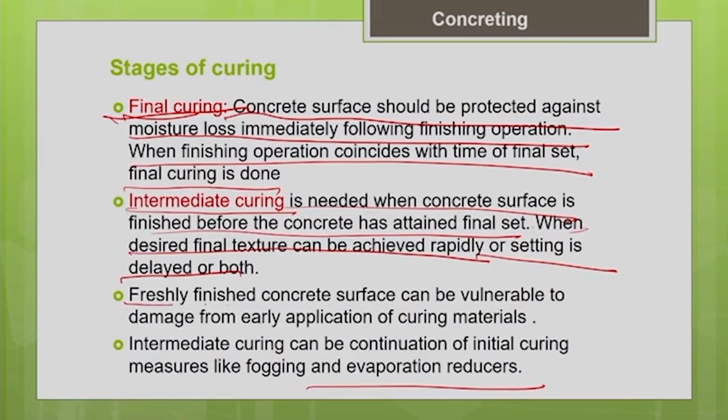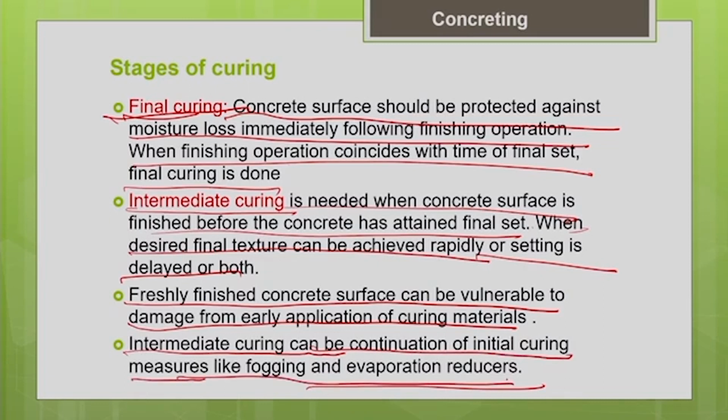A freshly finished concrete surface can be vulnerable to damage from early application of the curing materials. That is why we should not do the final curing till the concrete attains the final set, and why you go for intermediate curing, which can be just a continuation of initial curing measures like fogging and spraying of evaporation reducers.